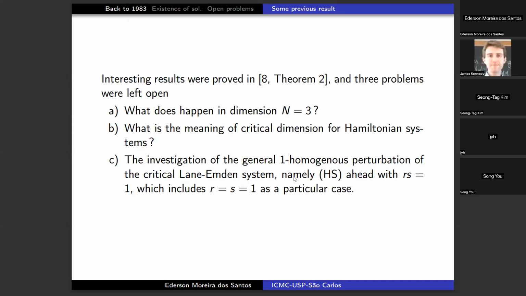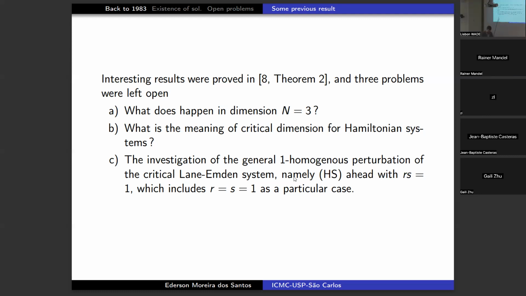Regarding this question, what is the meaning of critical dimension for Hamiltonian systems? For second order elliptic equations, n equals 3 is the critical dimension. If you consider the biharmonic equation, then the critical dimensions are 5, 6, and 7.